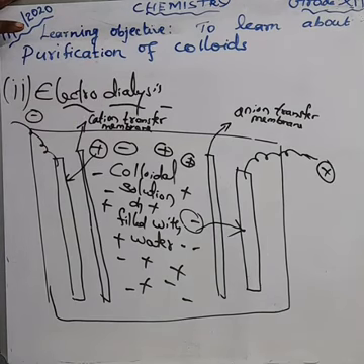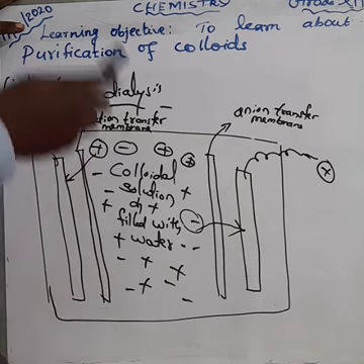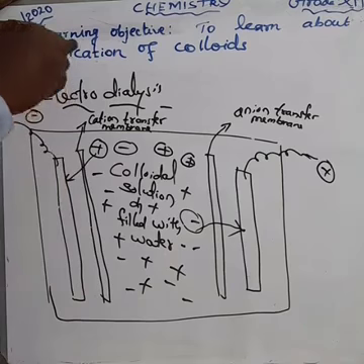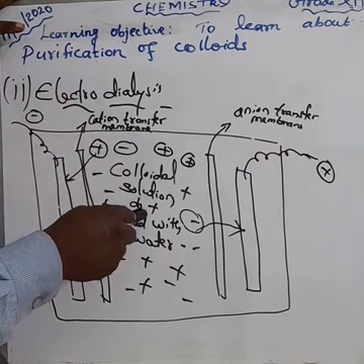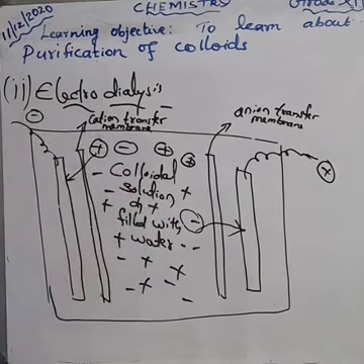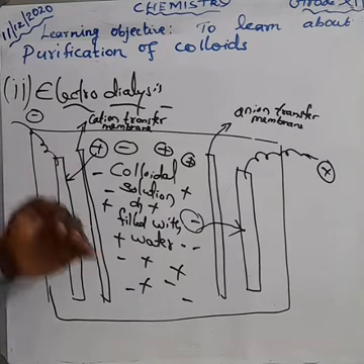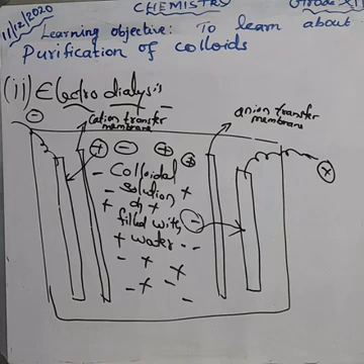Electrodialysis is a very fast process, since the rate of diffusion of electrolyte is increased by the application of electricity. That is why we use electrodialysis. Can you understand this concept?